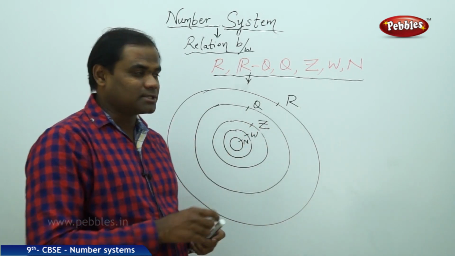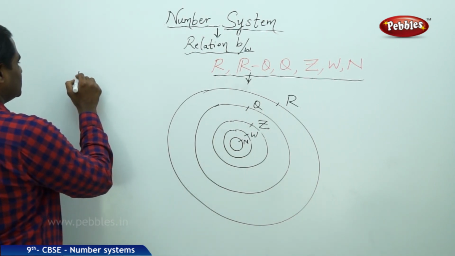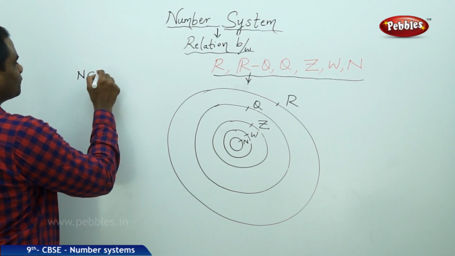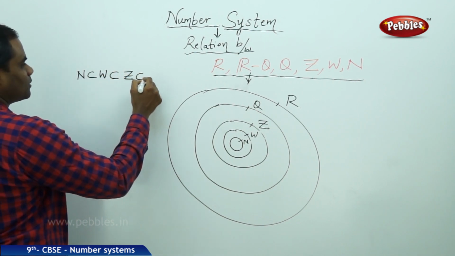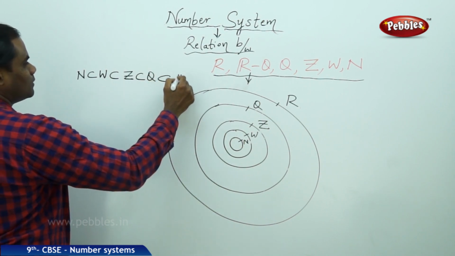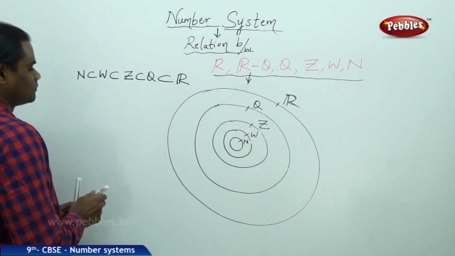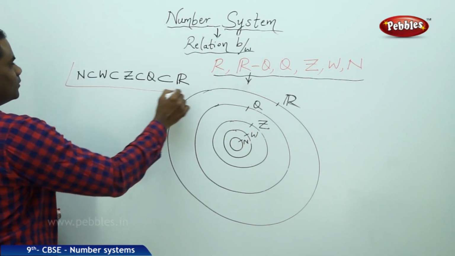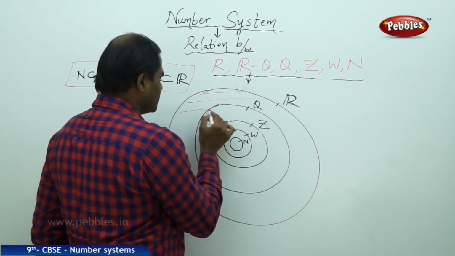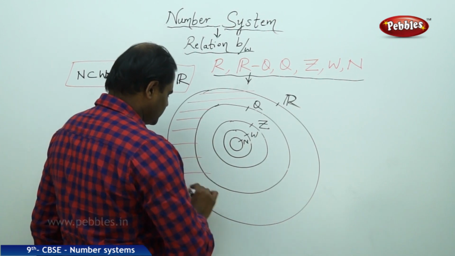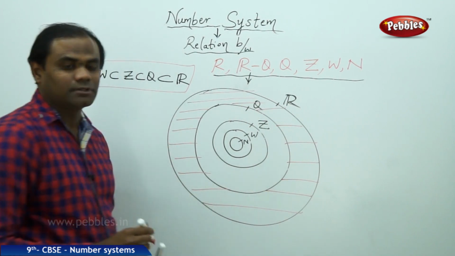The other way of representing this Venn diagrammatic or circular representation is that N is part of W, and W is part of Z, and Z is part of Q, and Q is part of R. This is how we understand the relation between each of them. And more importantly, this region between the rational numbers and the real numbers is the irrational numbers, which is represented here.